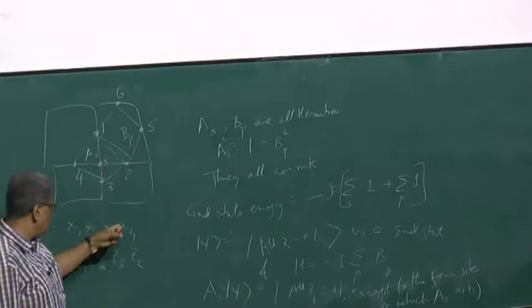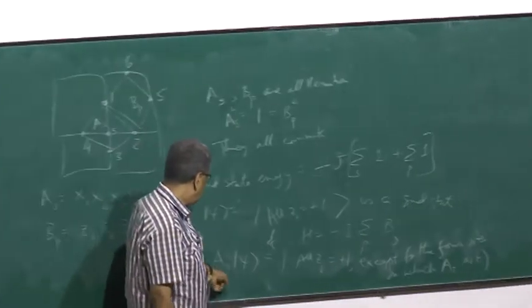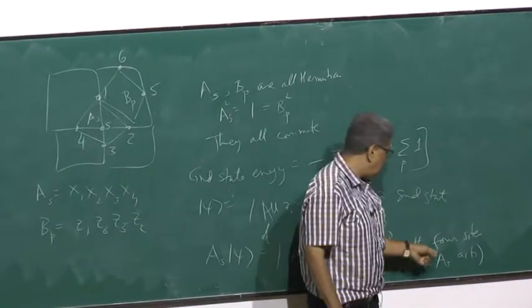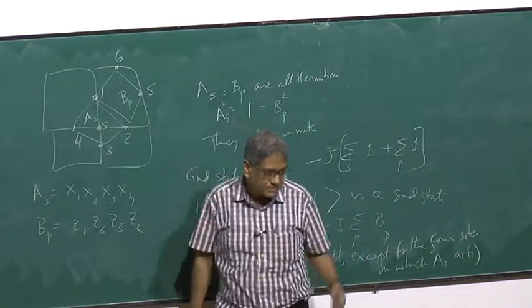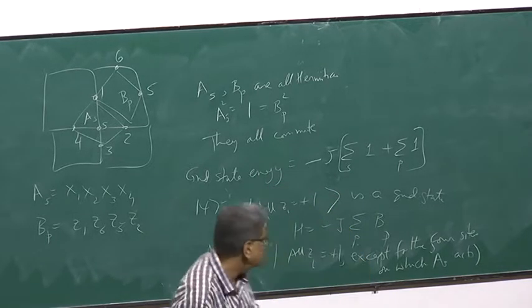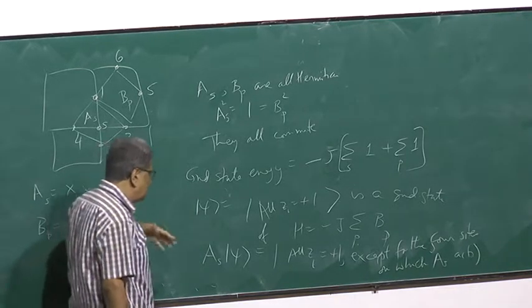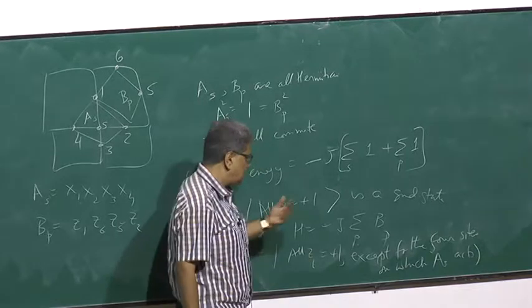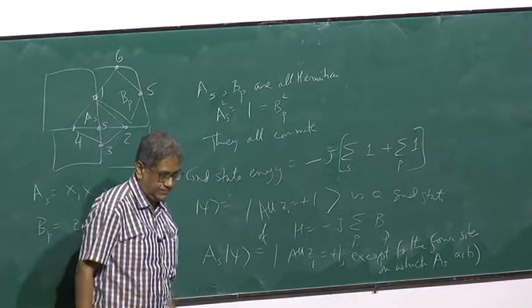So what it does on those 4 sites is that it flips up to down. So this is a state where the spins are up everywhere except on the 4 sites where they are down. Is that fine? So you can see that it is not very easy to write down a state which is a ground state of all the A_S's as well.